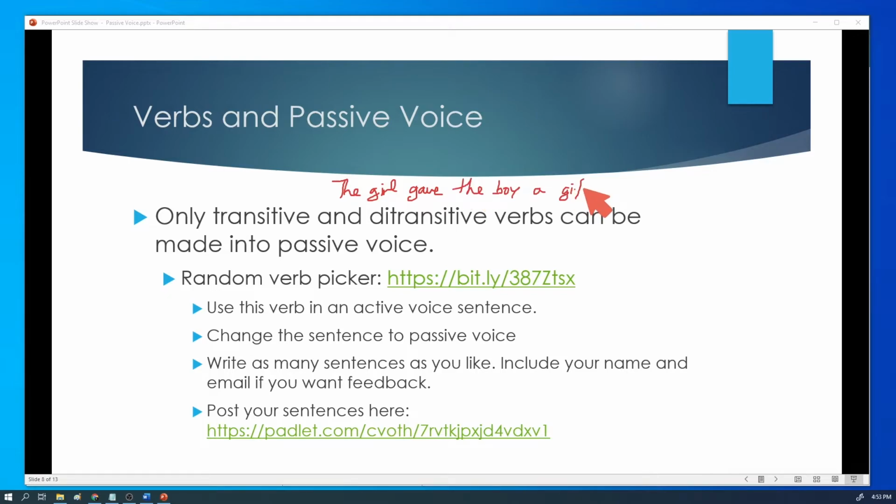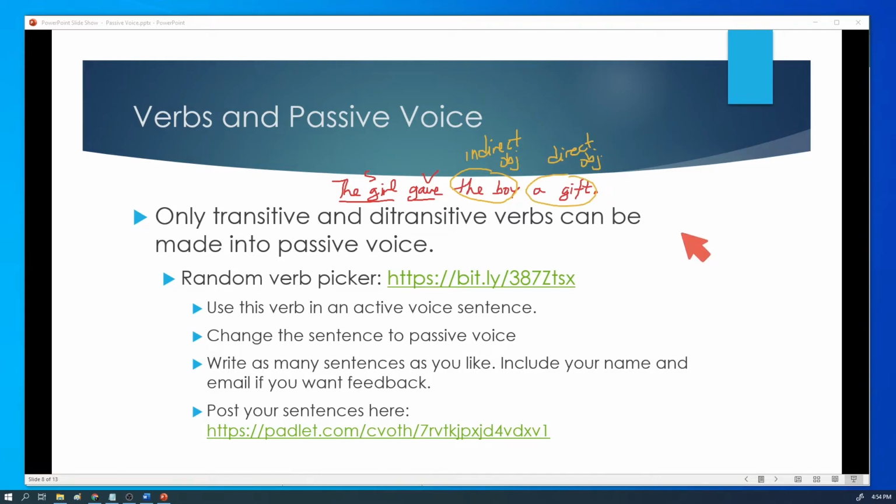Okay, so here I have subject, girl, gave, verb. Next I have boy. This is the indirect object. And a gift, this is the direct object.